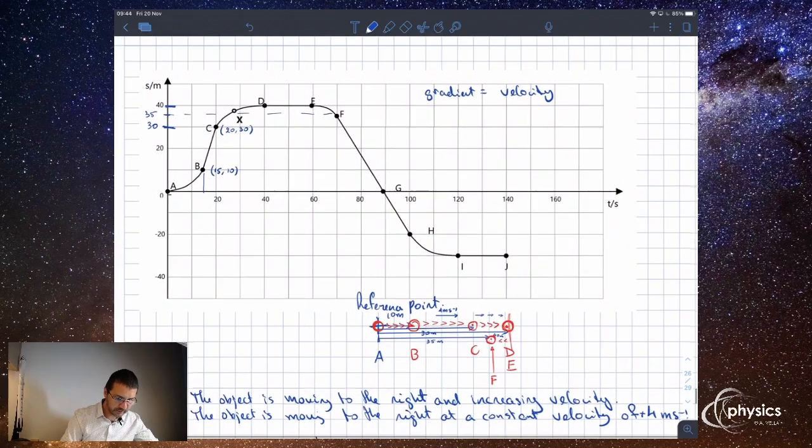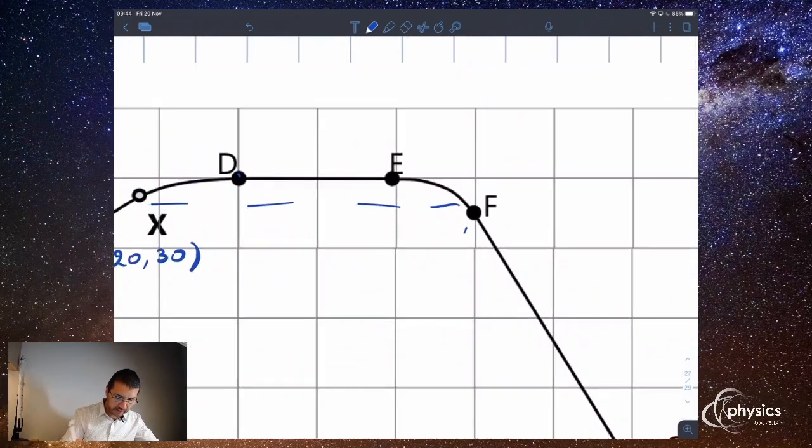Alright? Now, between E and F, is it moving to the left at a constant velocity or not? No, because it's a curve, which vera. Let's check what's happening to the gradient. So at E, the gradient is horizontal. At this position, the gradient is like that. And at F, the gradient is like this. So the gradient is getting steeper, which vera.